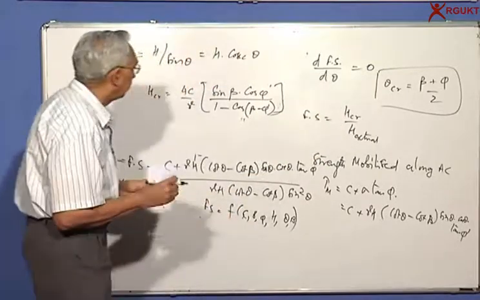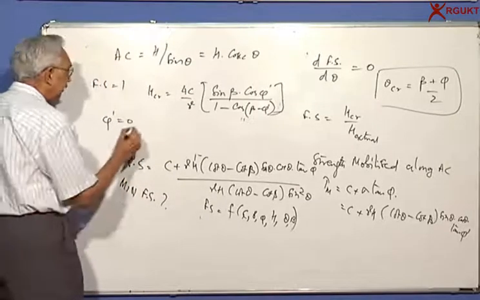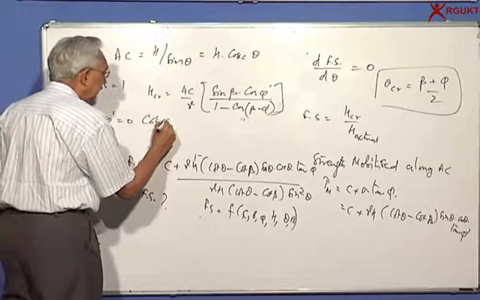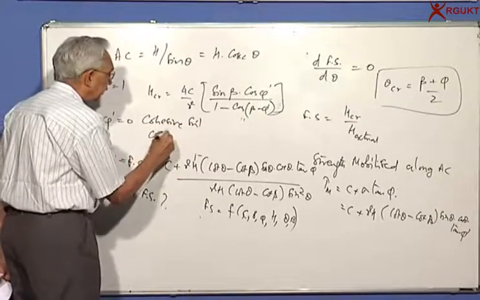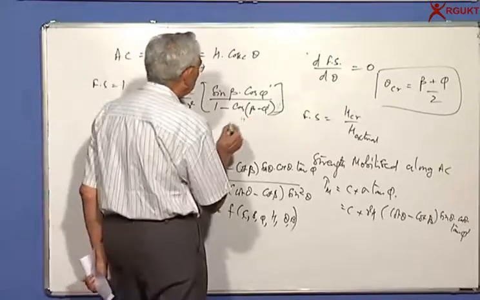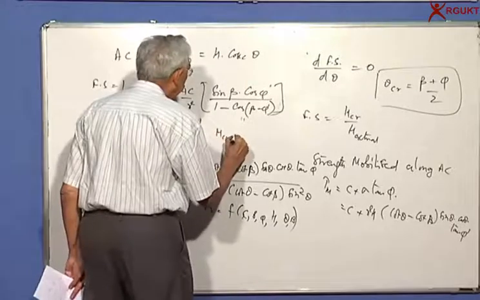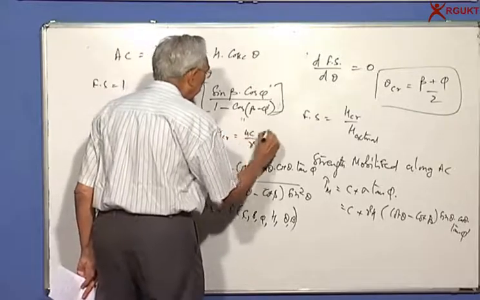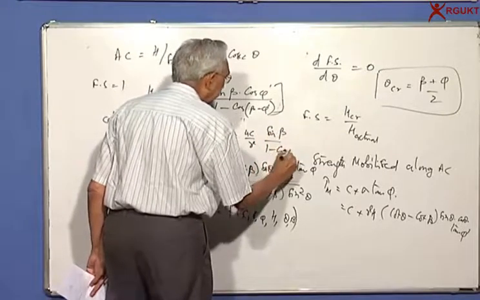And one simple particular case would be if phi is equal to 0. That means purely cohesive soil. Then if phi is 0, cos phi is equal to 1, and H critical is 4c by gamma sine beta by 1 minus cos beta.